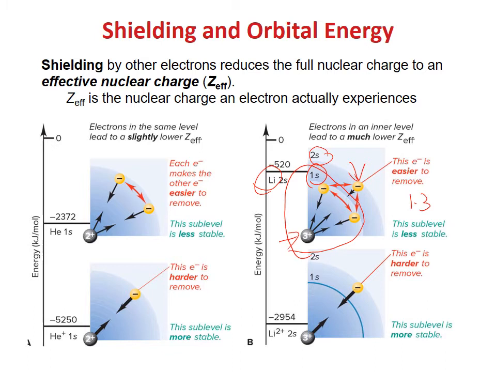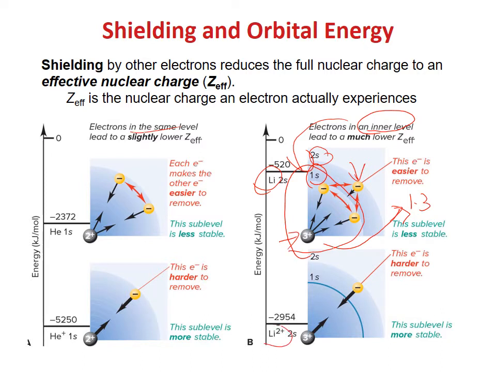And this is a big change from 3+ to 1.3. Electrons in an inner level, which refers to the electrons in the 1s orbital, have a larger shielding effect than the electrons in the same level as in the helium atom.